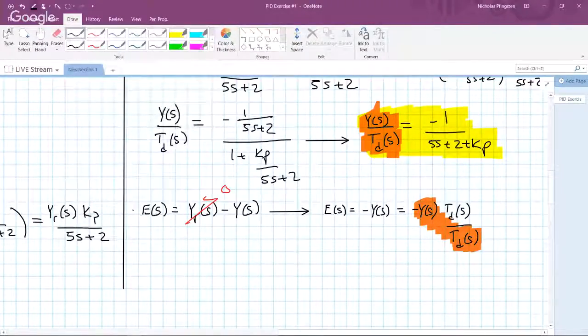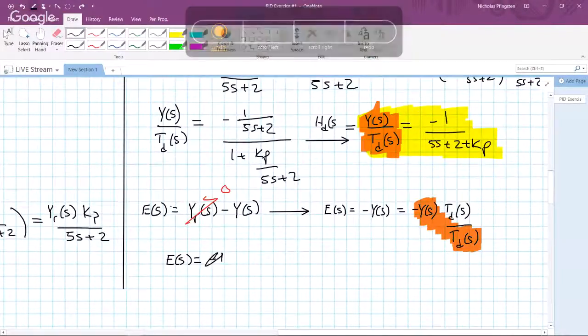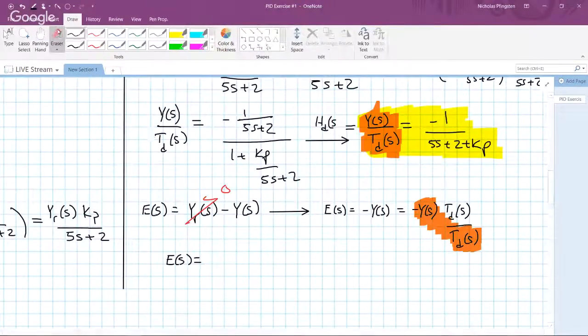So now, that E of s equals negative, and by the way, we're considering this to be h sub d of s. This is just another variable to name the transfer function. Something negative h sub d of s times T sub d of s.